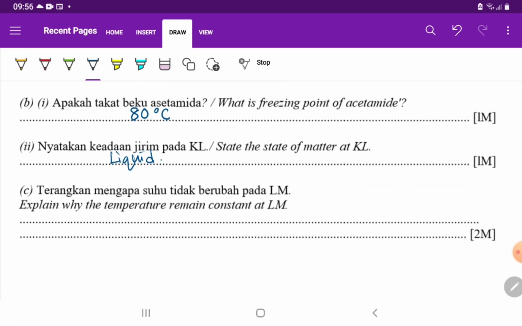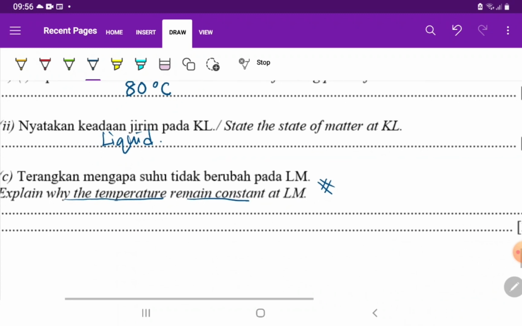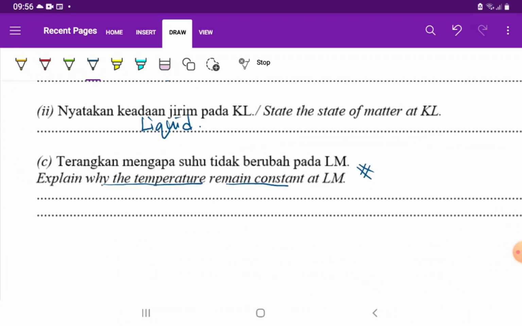Then explain why the temperature remains constant. This one I asked all of you to memorize in the classroom, but I think less than 5 students can write this answer correctly.